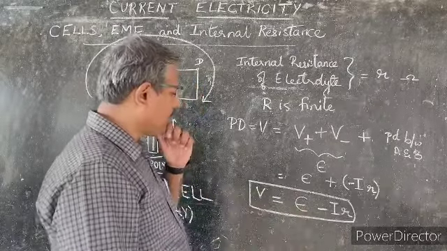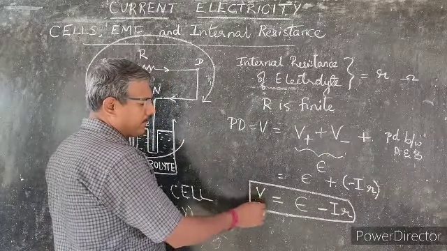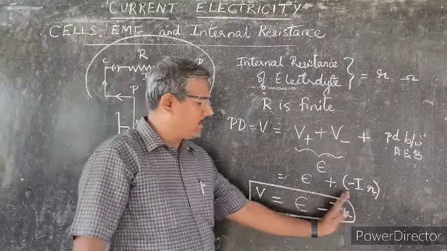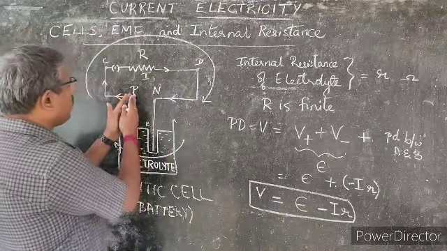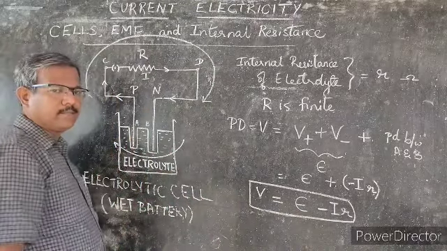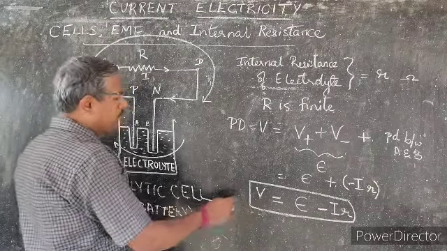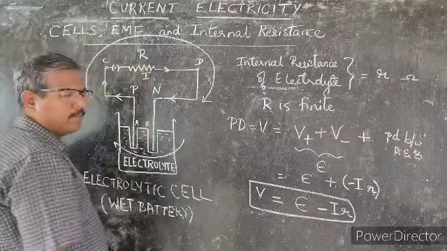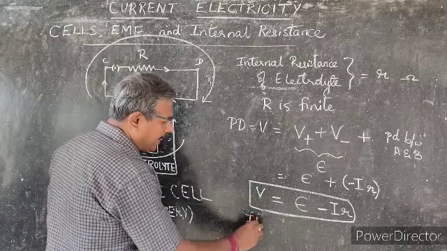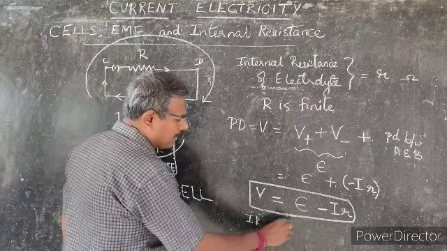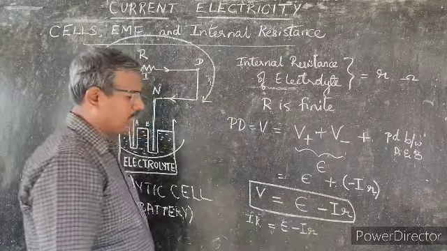Now, if I take this a step further, what is V? On the right hand side, this equation gives me the potential difference between points P and N through the electrolyte. And what does the left hand side give me? It gives me the voltage across the resistance R. Now these two should be equal. So V can be replaced as I into R, equals epsilon minus I r.